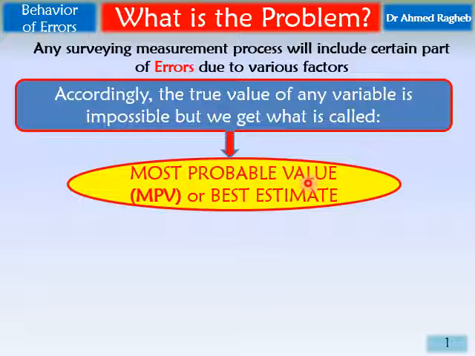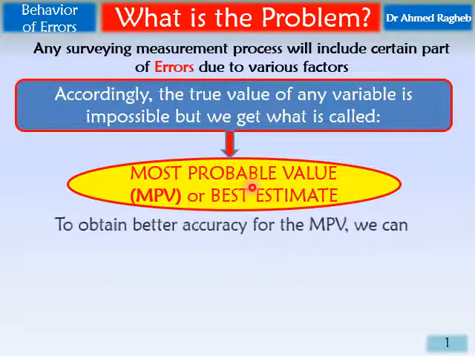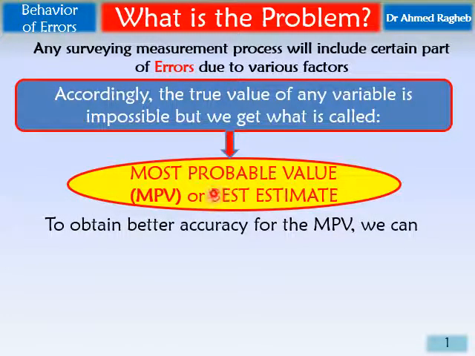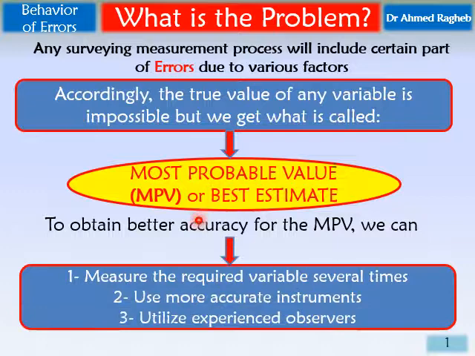We can try to improve the accuracy of the most probable value by various conditions. One is to measure several times, as to measure 10, 20, 30 times. As we obtain more observations, we can improve the accuracy.